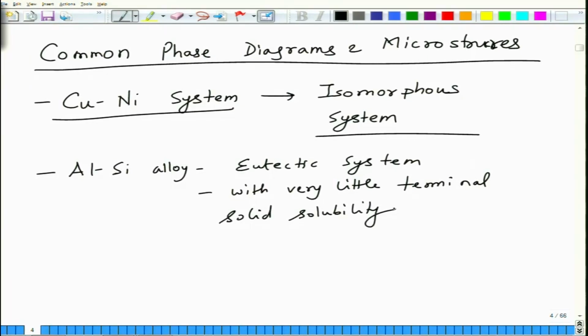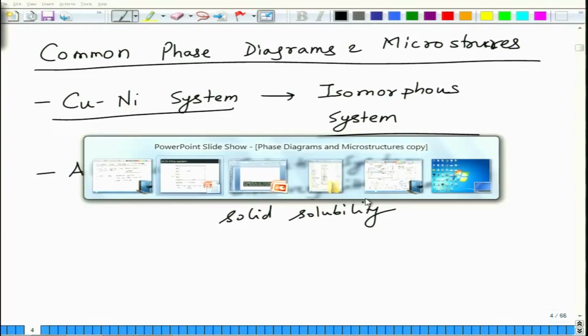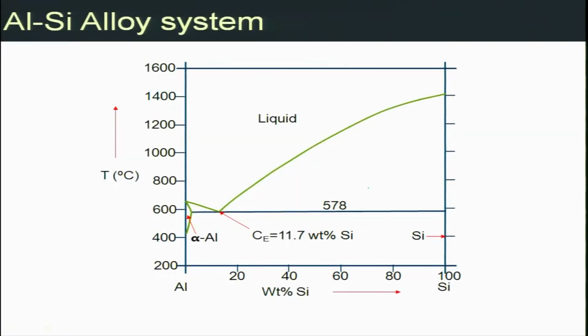Aluminum and silicon have a very high difference in melting point, despite that they form a eutectic system. Aluminum has a melting point of 670 degrees centigrade, silicon has a melting point of nearly 1420 degrees centigrade. They form a eutectic at about 578 degrees centigrade, and the eutectic composition of the alloy is 11.7% silicon.